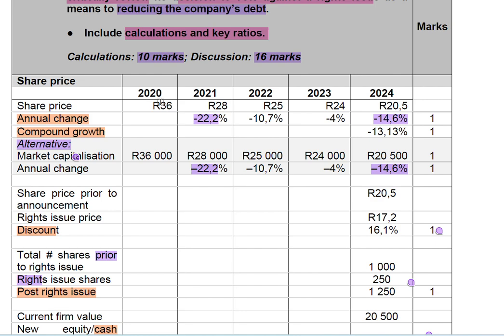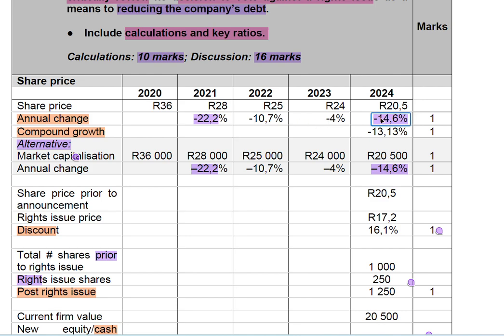And you can see 2020 to 2021, the share price dropped by 22.2%.